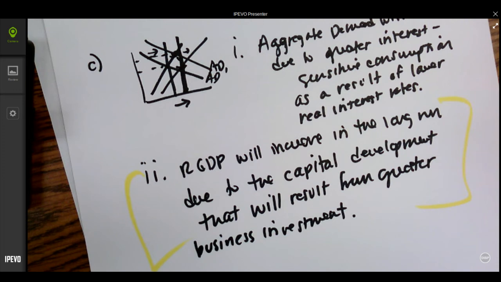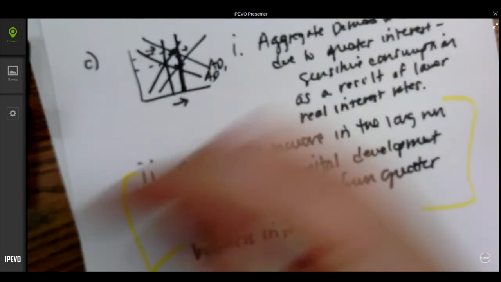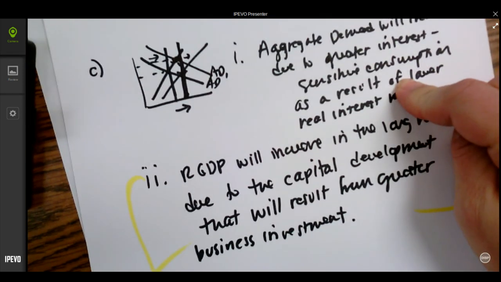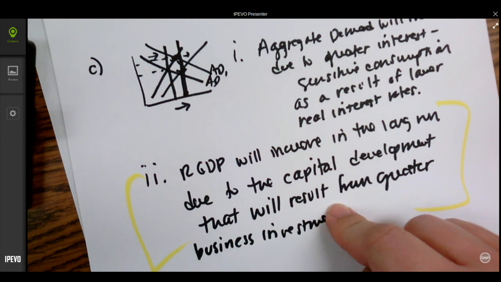So we should assume that this is what they're going to do with that investment that they're going to have. There's no way to know that for sure, but what we can assume is that this is the chain of events that would occur. So there's lower interest rates, businesses are going to invest more, and that investment is going to result in more capital development.